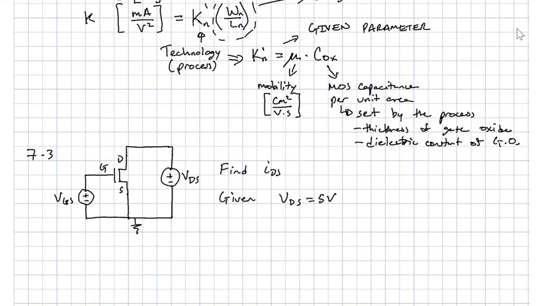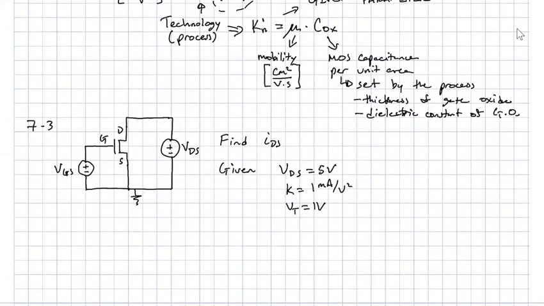Let's call K equal to 1 milliamp per volt squared. Threshold is 1 volt. And let's say we know that we have VGS equal to 2 volts. So that's what we want to do: find the drain source current. So first question is, what mode?